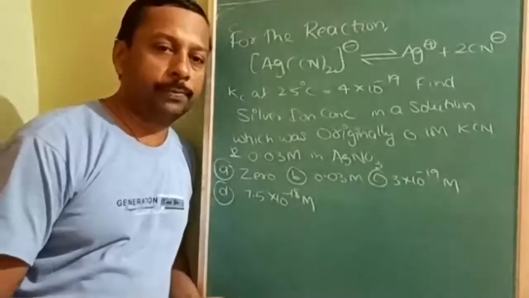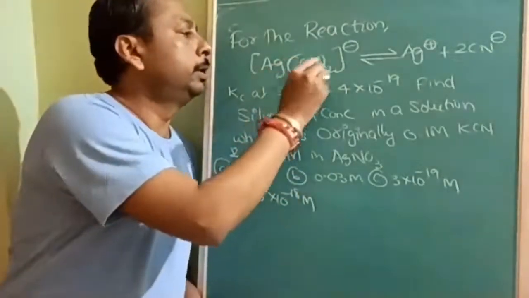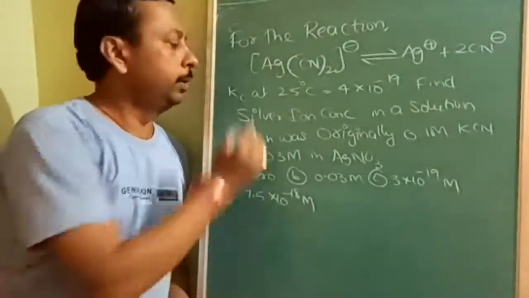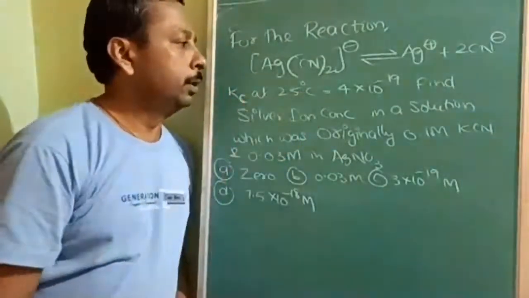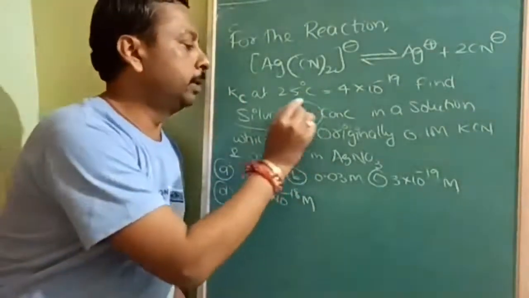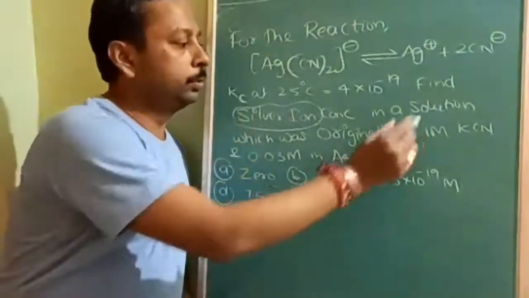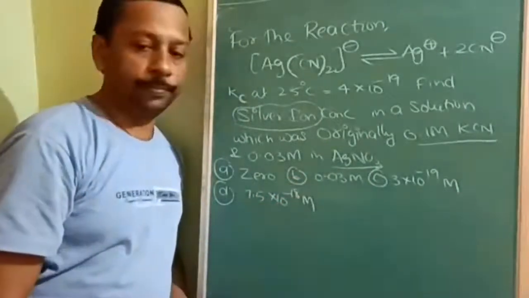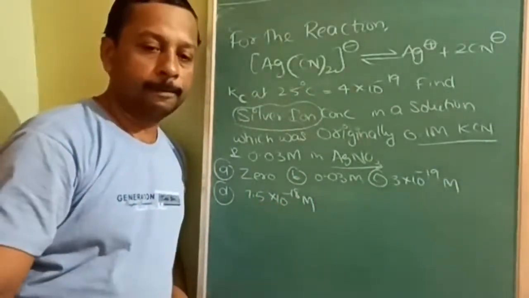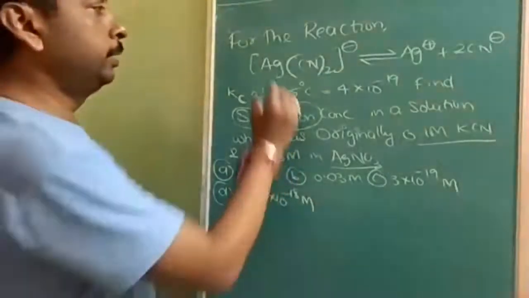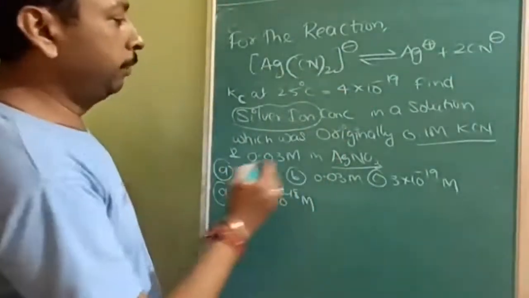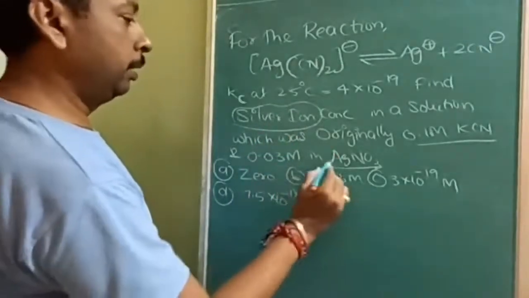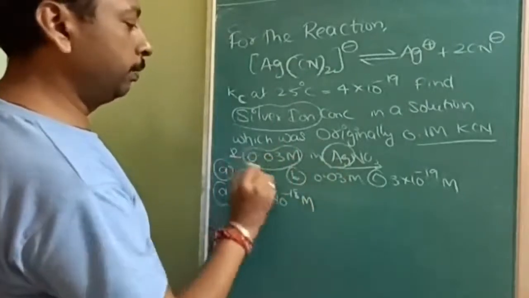Okay, next question, for the reaction Ag(CN)2 minus reversible Ag plus plus 2CN minus, the equilibrium constant is given and we have to find the silver ion Ag plus concentration. The solution consists of this much KCN and this much AgNO3. First of all, this equation is given, but already we have silver concentration as 0.03.